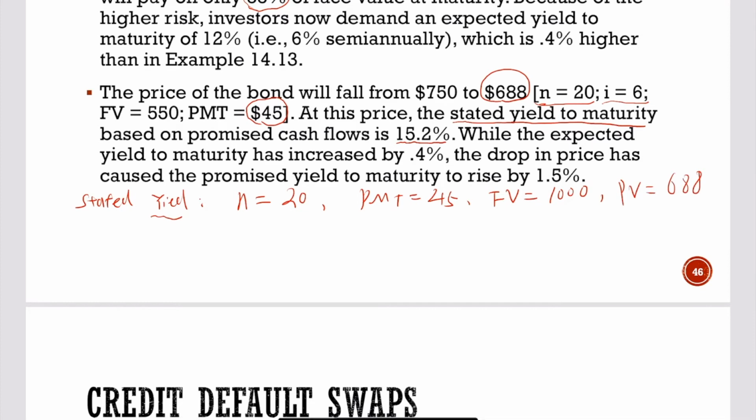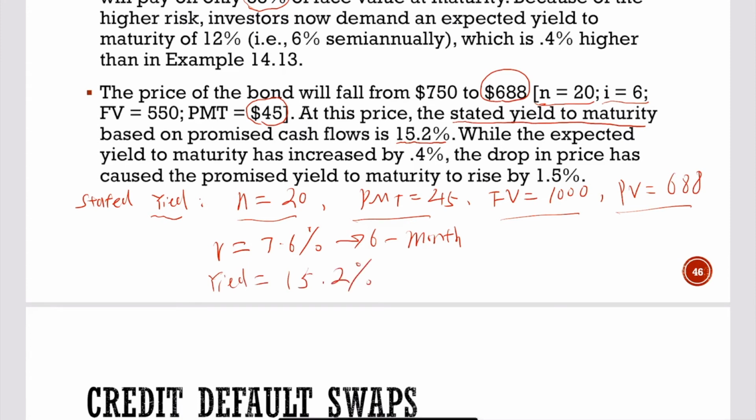Inputting these 4 inputs into your financial calculator, you should get a rate of 7 point something, let's assume 7.6, and this is just for 6 months. So the annual yield would be 15.2. You can try it on your financial calculator. I guess I am right. If I am wrong, just tell me.